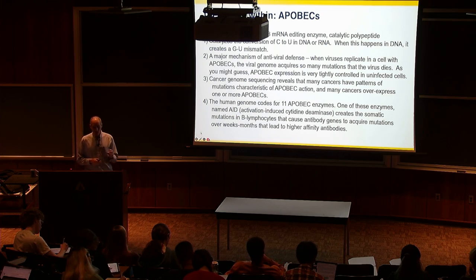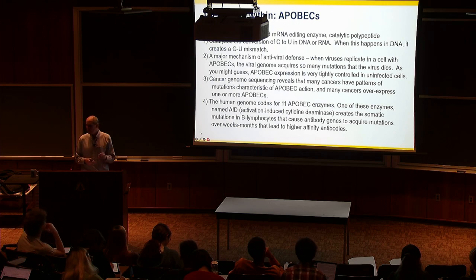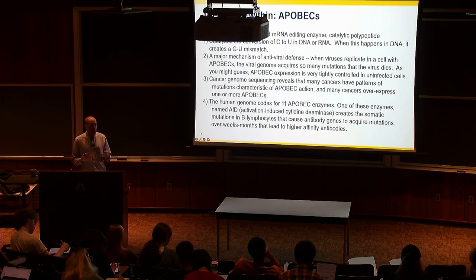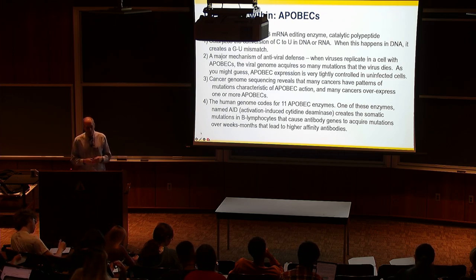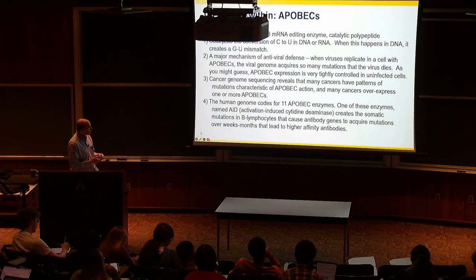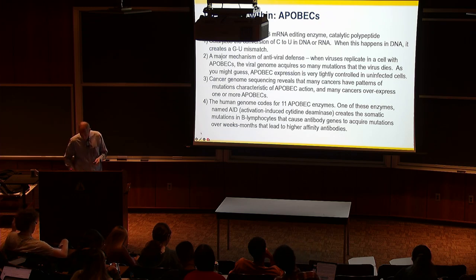And in fact, in many cancers, APOBEC enzymes, one or more, are highly upregulated. So there's this sort of pro-mutagenic mechanism going on in the cancer cells, which of course from a Darwinian survival point of view is probably a good strategy for the cancer cells. So this regulation of the APOBECs, which is normally very tight, keeping them tightly repressed unless there's an infection, is not perfect and can be taken advantage of by cancer cells.